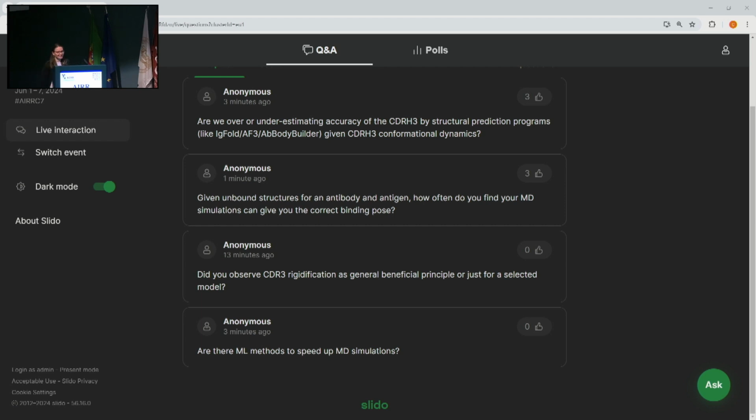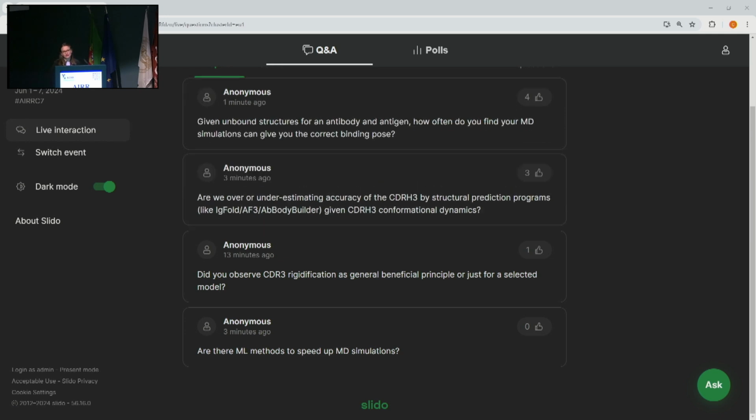I think that all of them might be possible, and we haven't done thorough benchmarking, but we're currently doing it by comparing all tools together, mapping them into a free energy surface of a CDRH3 loop and seeing whether all of those actually are possible and are captured. This would mean that combining a lot of those different approaches could actually help us to cover, for properties such as hydrophobicity, a reasonable conformational space.